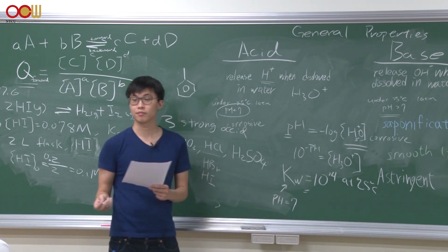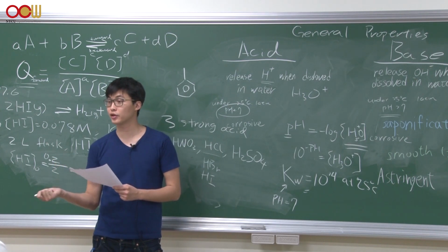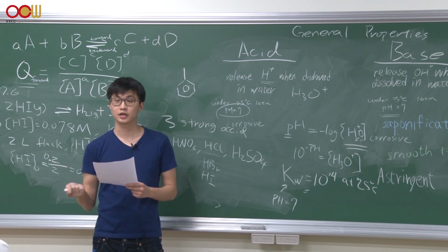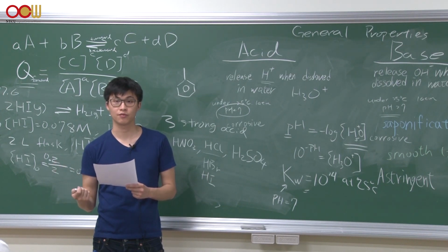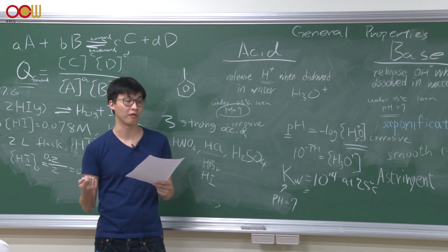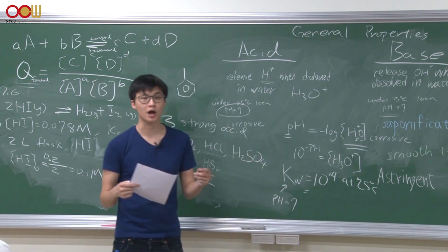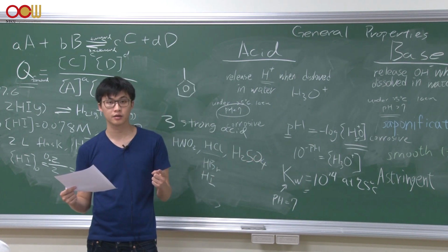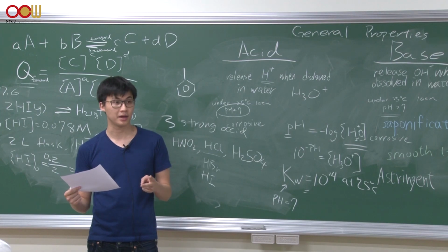But a lot of times, if you actually take a pH meter, discuss with your partner why the pH is not 7 for a lot of water that we have around us. So first we will talk about why it could be acidic and why it could be basic.